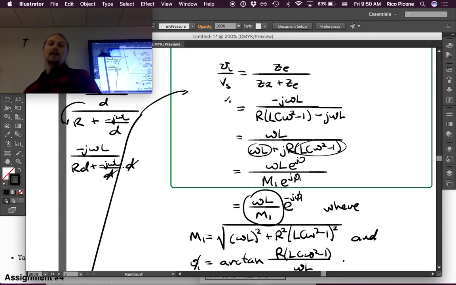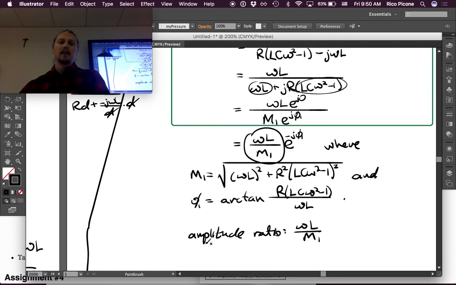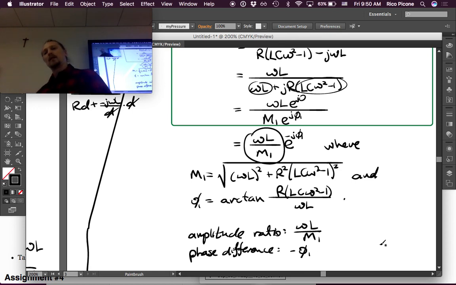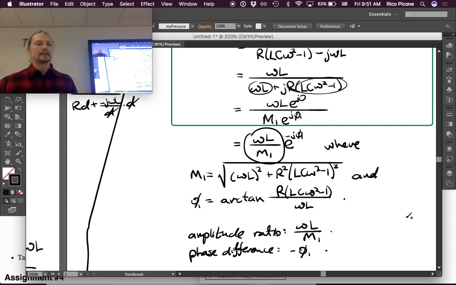The phase difference between VL and VS is negative phi 1. That's it.